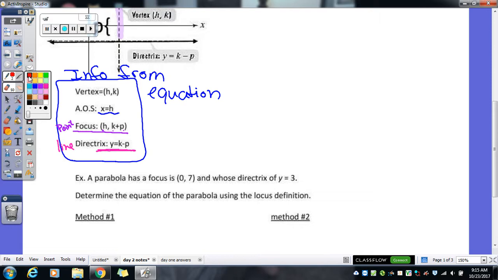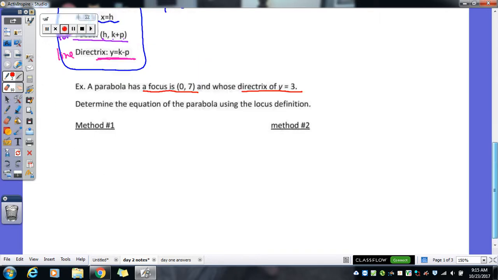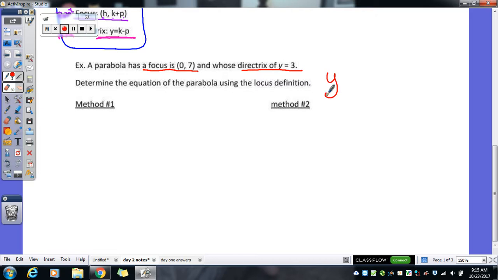So a parabola has a focus of (0, 7) and a directrix of y equals 3. They want us to determine the equation of the parabola using the locus definition. So first thing we should do over here is rewrite our locus definition.